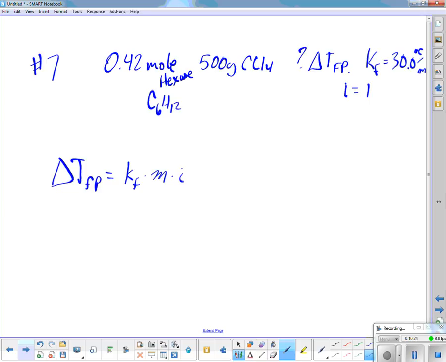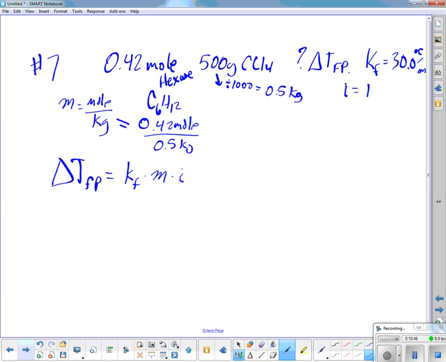If we remember, molal is equal to moles divided by kilograms, then we can quickly get it. We've got 0.42 mole, and if I divide that by 0.5 kilograms, then I've got molal. Then it's just a matter of plugging in.